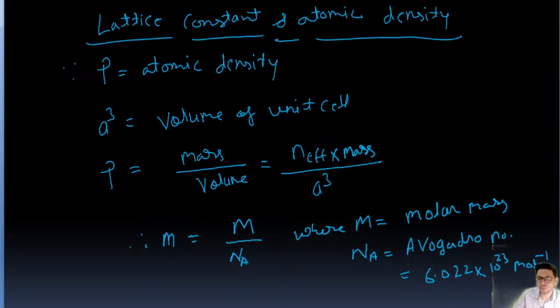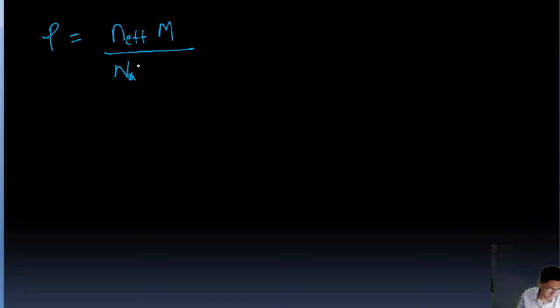So this is going to be rho, that is atomic density, which is n effective into molar mass upon Avogadro number. In place of small m, I have written M upon N_A. This is Avogadro number N_A, into a cube. So this is the atomic density.